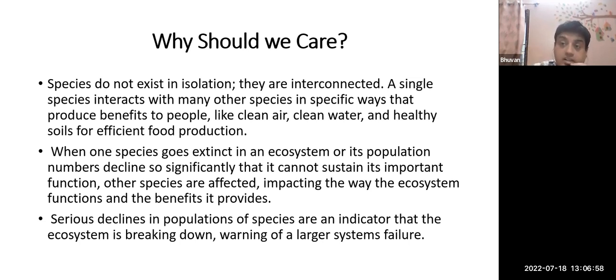these fig species are pollinated by basically a species of wasp, which is dependent upon these species. For example, peepal has its own wasp species which pollinates only peepal trees, the flowers of the peepal tree.